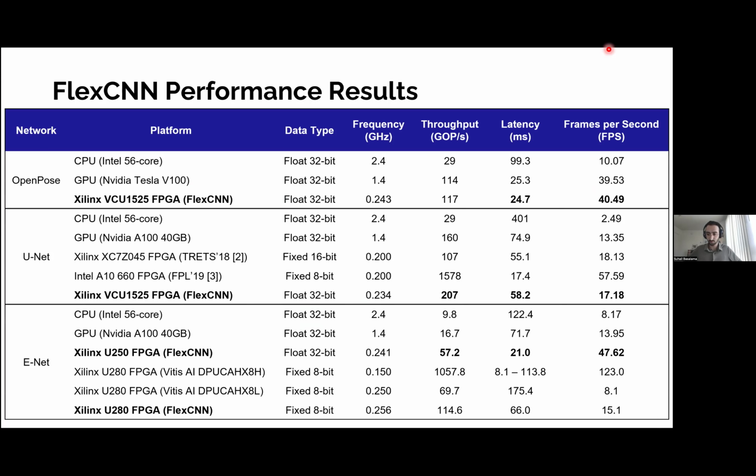So I find that for ENet, the latency on U250 is actually smaller than U280, right? But for the U250 you are using floating point FP32, but for U280 you are using fixed 8 point, right? Do you have any comments? Because I'm thinking that by using lower bit, you should have lower latency, but now the latency is higher, from 21 to 56, right?